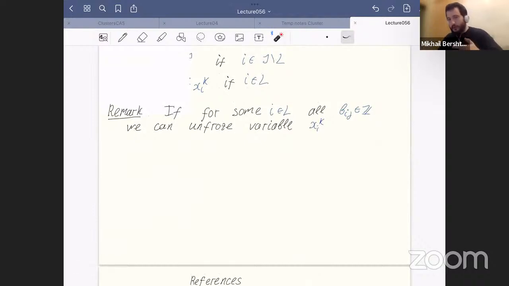And this is what we will actually do. We will take our simple seeds which correspond to simple reflections and then glue them using amalgamation and unfreeze variables if we can.